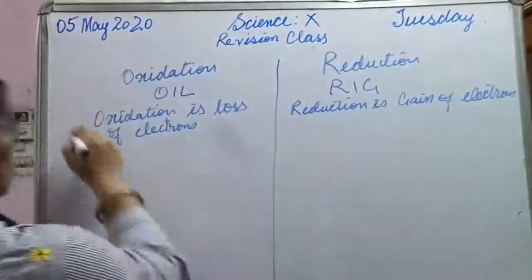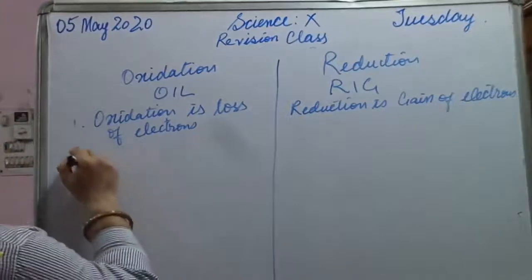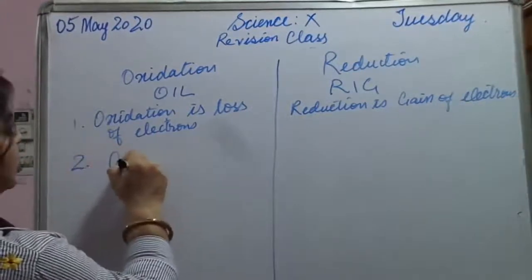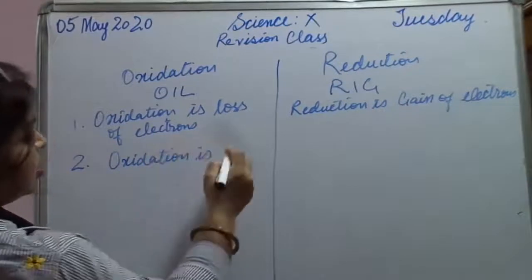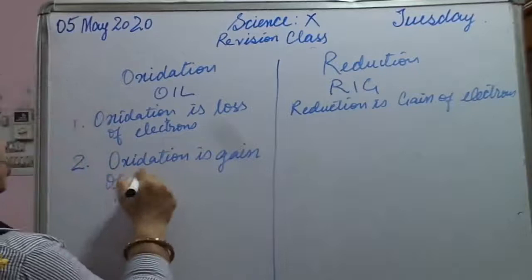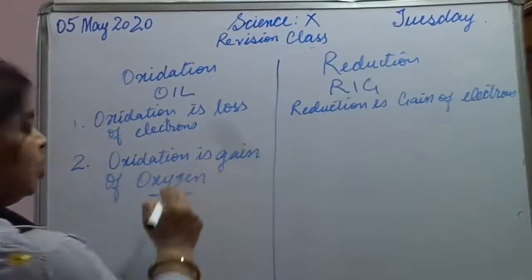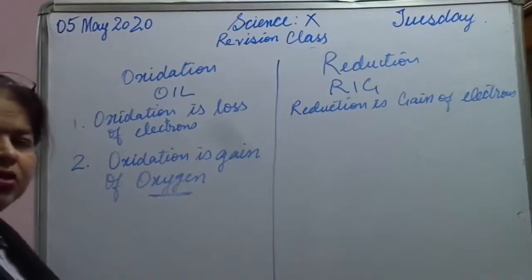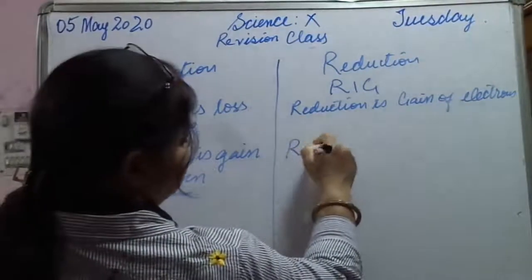Okay, this was the first definition. Then the second one: oxidation is gain of oxygen. It means if oxygen is added to a compound, oxidation is taking place. And reduction is opposite to it.